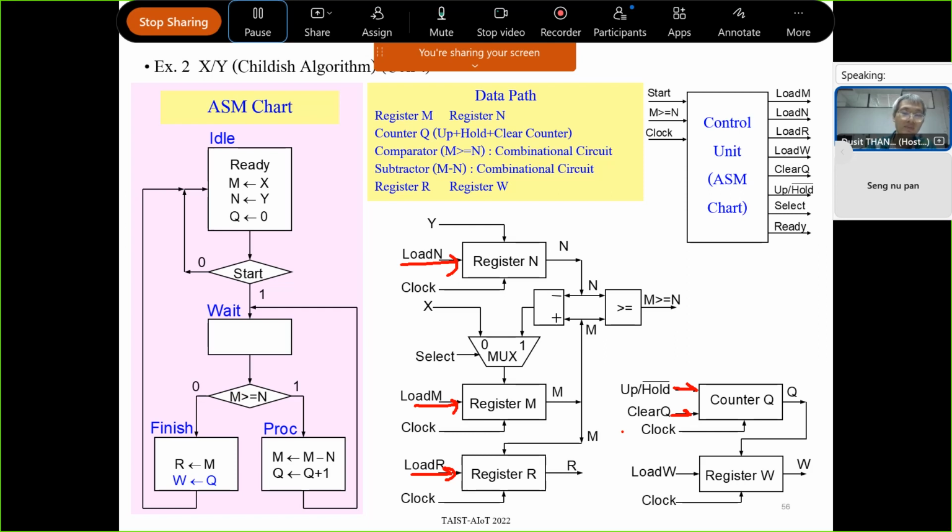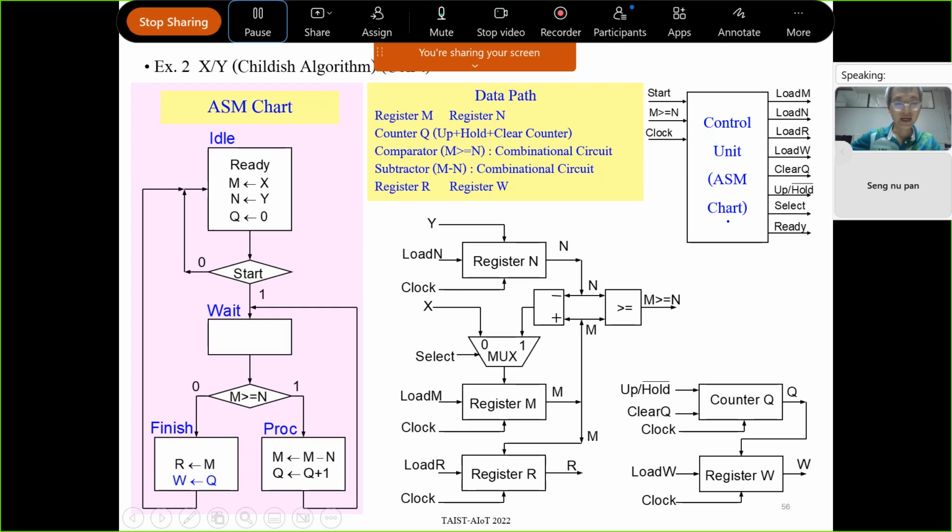This part of the circuit is called the control unit. The control unit generates this kind of enable signal or control signal for each device, including the multiplexer, to control whether you select input from address 0 or address number 1. So you must design the control unit also.